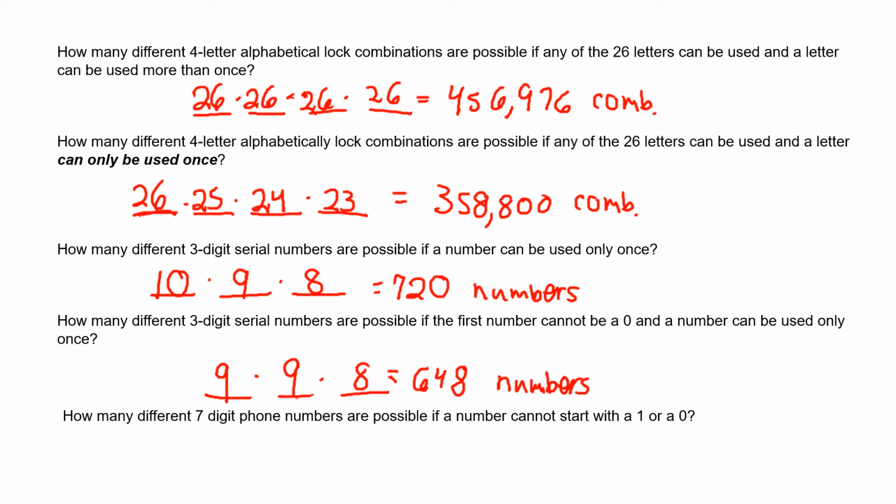Okay, last problem. How many different 7-digit phone numbers are possible if a number cannot start with a 1 or a 0? Okay, can't start with a 1 or a 0. But it's just that starting number that's the issue. Anything else is fine. So let's think. It's a 7-digit number, so we've got 7 slots to fill.